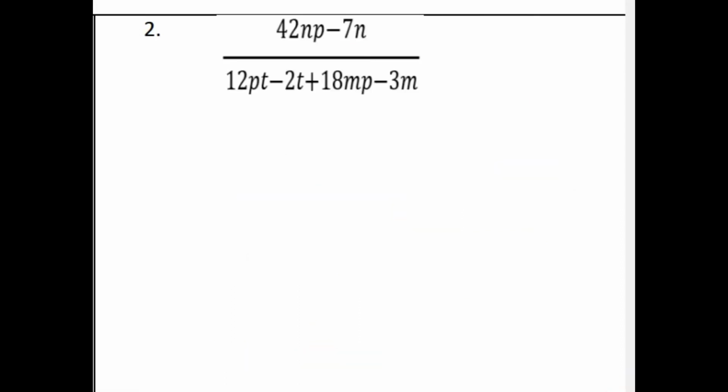Now in the second question, you can see you have a numerator and the denominator given to you. And looking at the terms, the numerator has two terms, which is again 42np minus 7n, from which you can have the common factors here, because 42 can be written as 6 times 7.